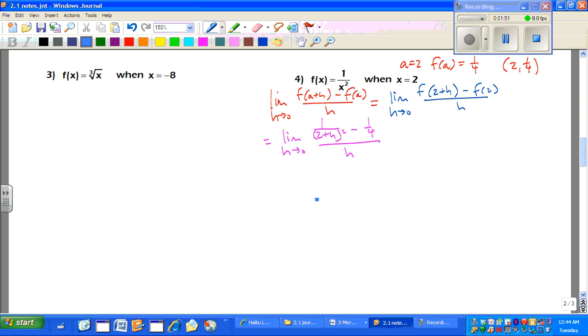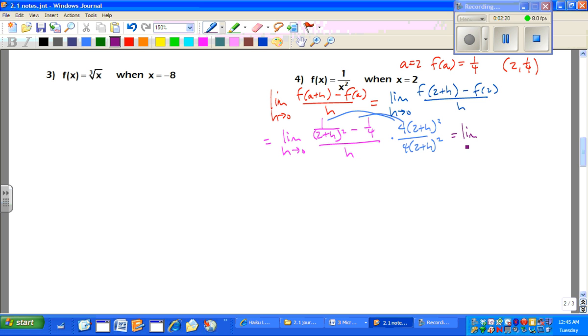Now we've got a limit similar to something we saw last chapter. In order to evaluate this, we can't put 0 in because that's going to make it undefined. So we have to multiply by the lowest common denominator of these little fractions. We're going to multiply the top and the bottom by 4 times 2 plus h squared. On top, we have to distribute that to both parts.